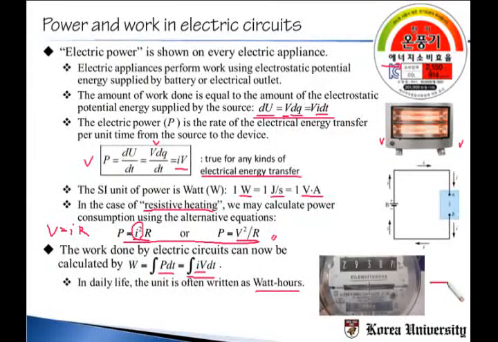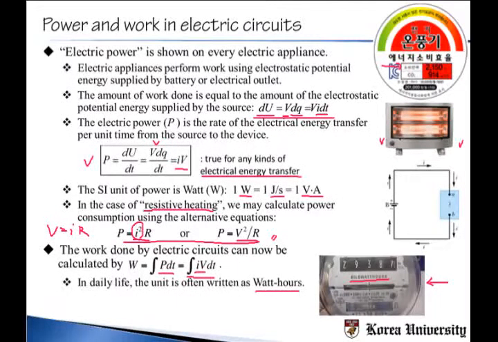And take a look at the figure here. This is the electric power meter that every home has. The number here is using the unit kilowatt hours, right? So this is 1,000 times the watt hours. And why are we using this? This is because this unit is more intuitive.